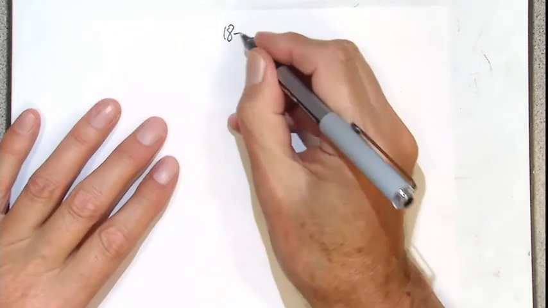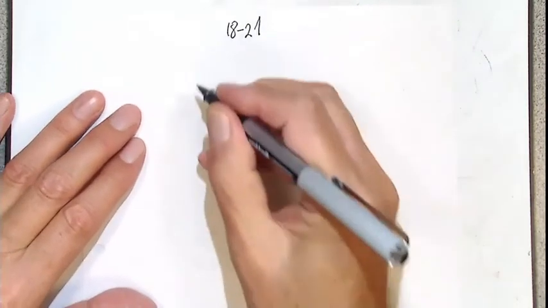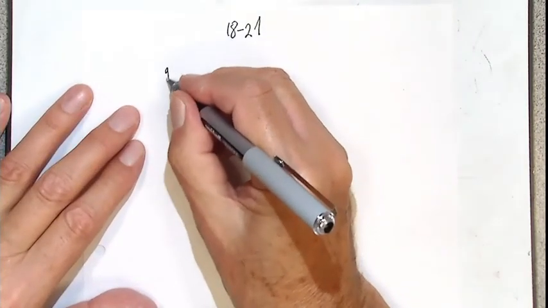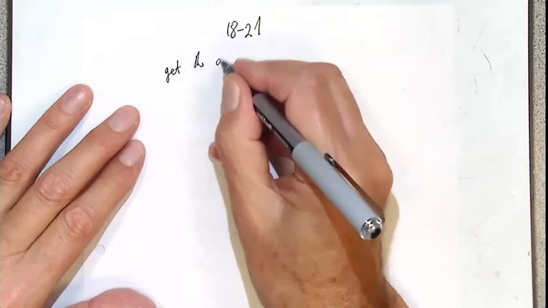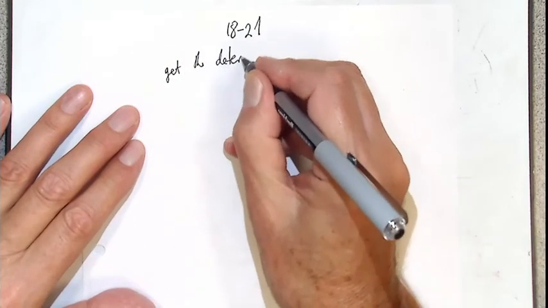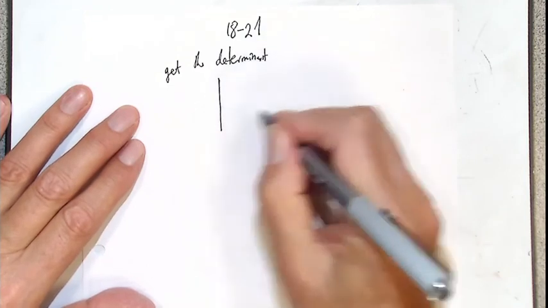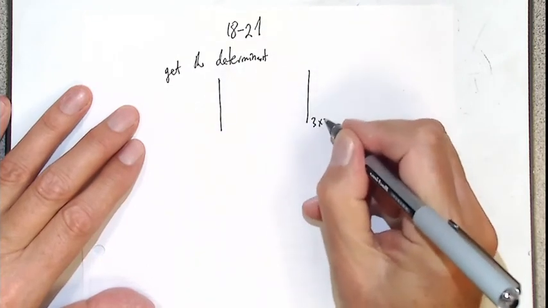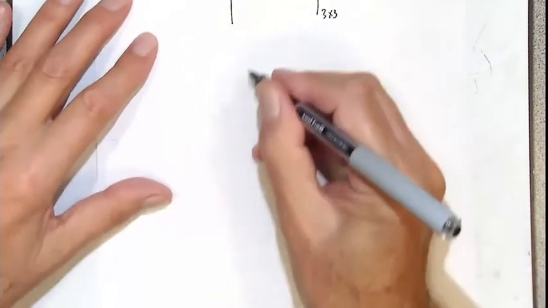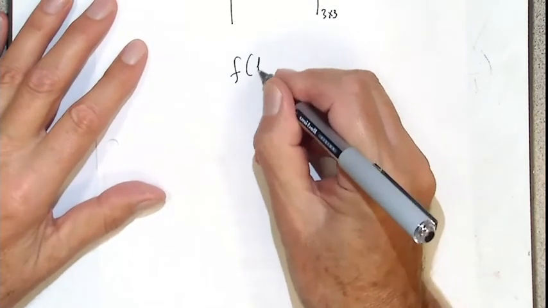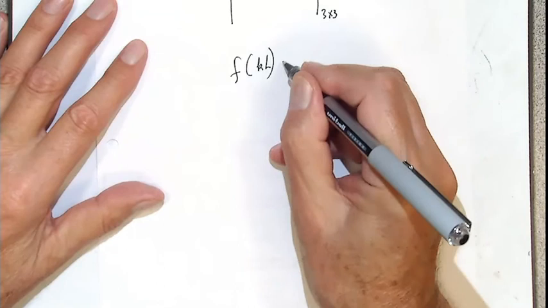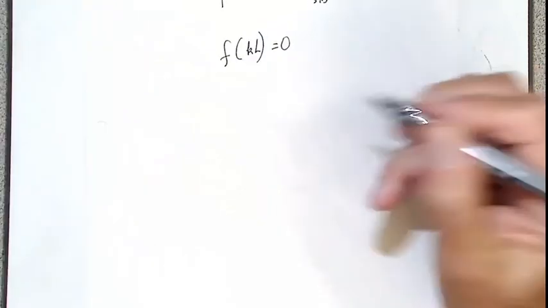So, what you have to do then, equation 1821: get the determinant, you have to do a 3 by 3 determinant. Then you get a function of KL, or a function of KL over 2.